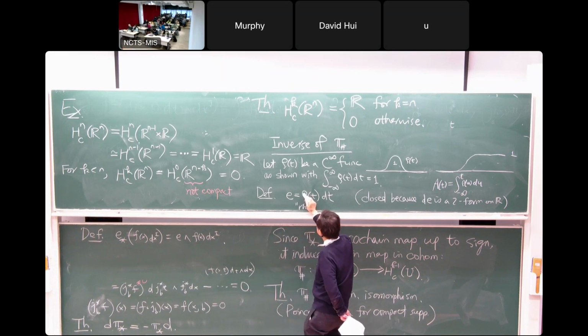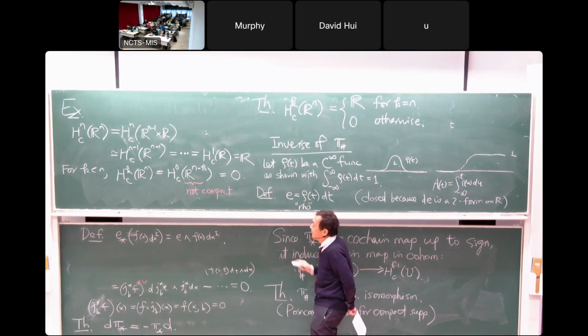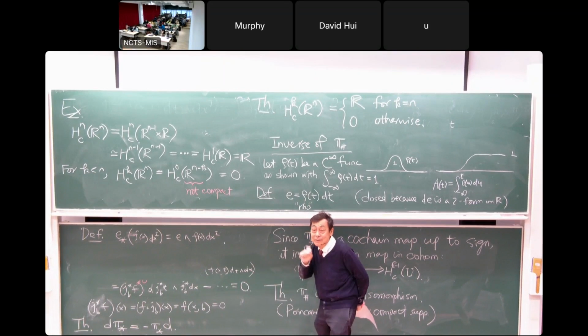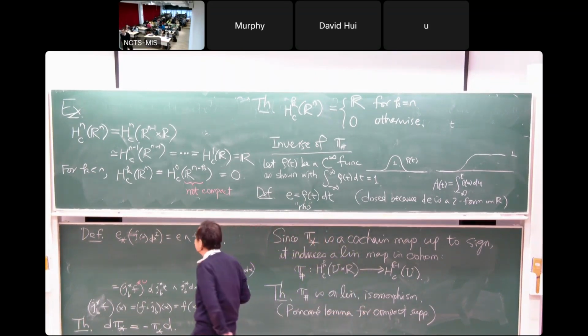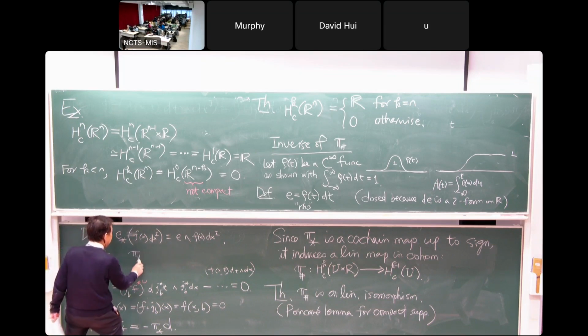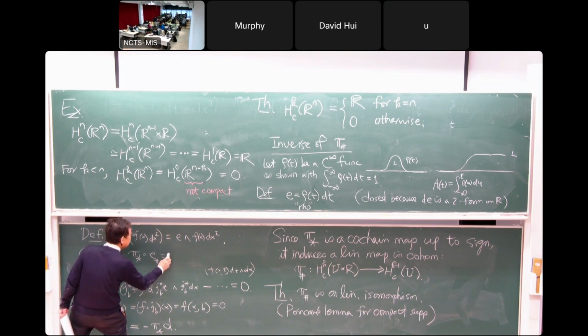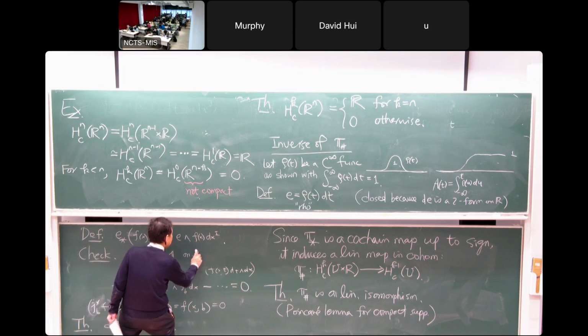Because the important thing is that this doesn't stick out, okay? Yeah, okay, good idea. You shouldn't have the same symbol for two different things. But once you define that, then you can check very easily that pi star composed with E star is the identity on forms on U.